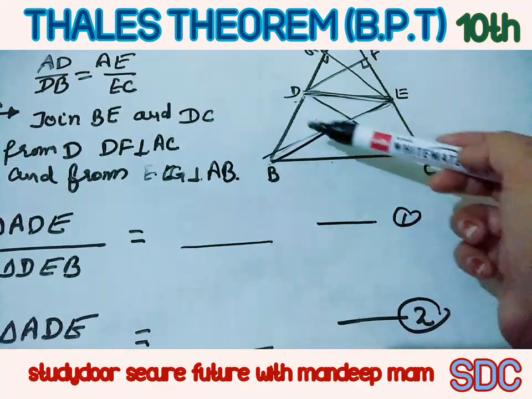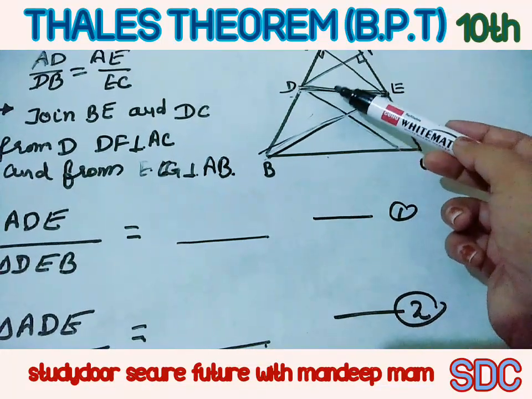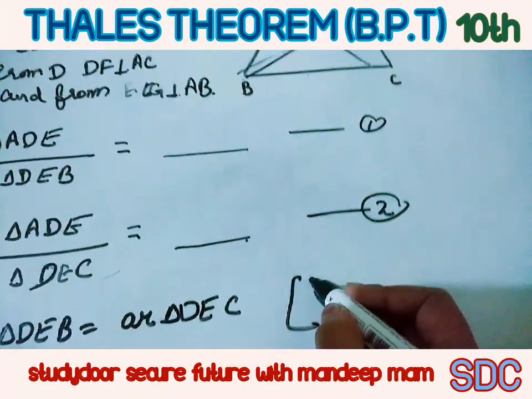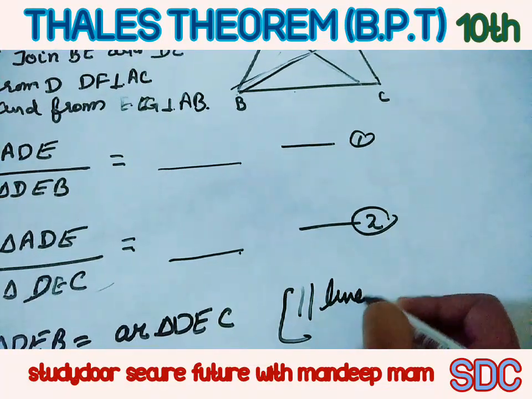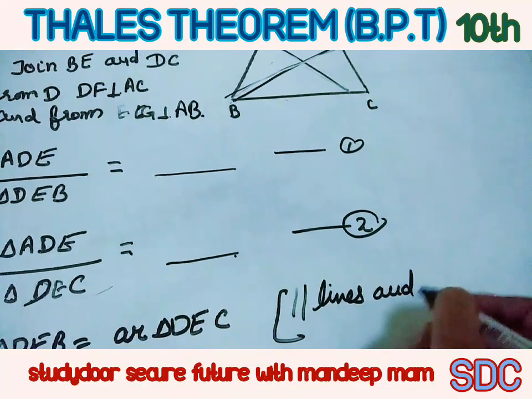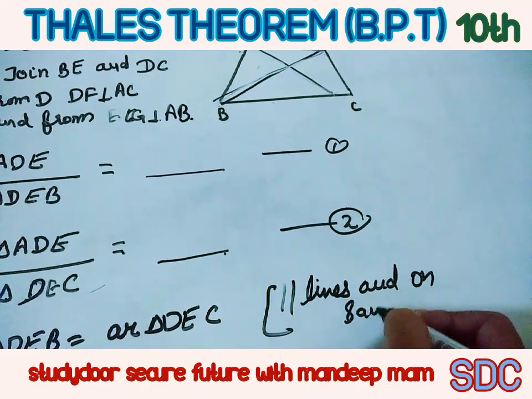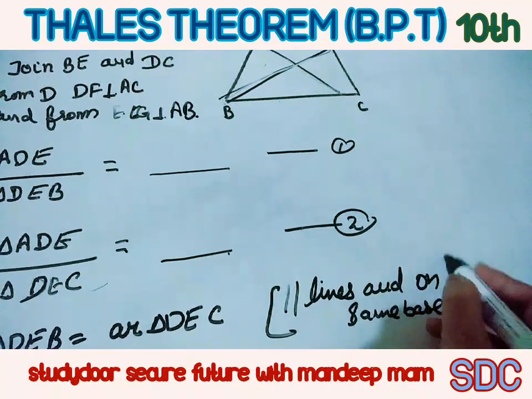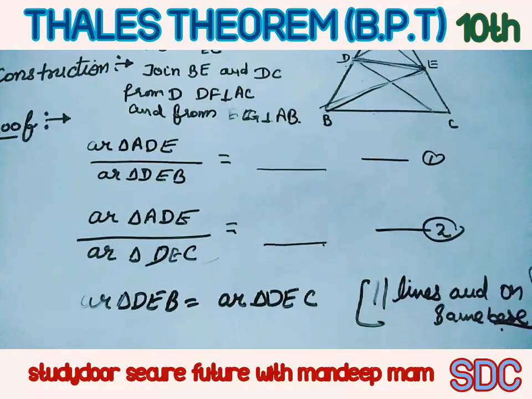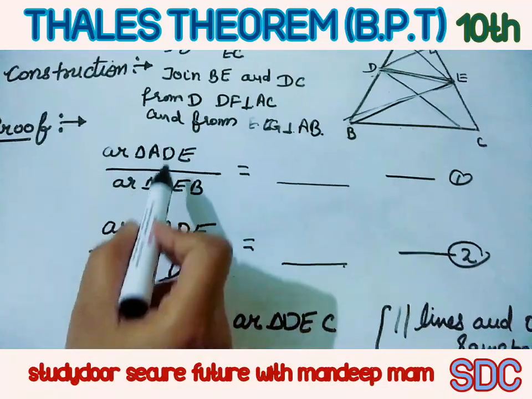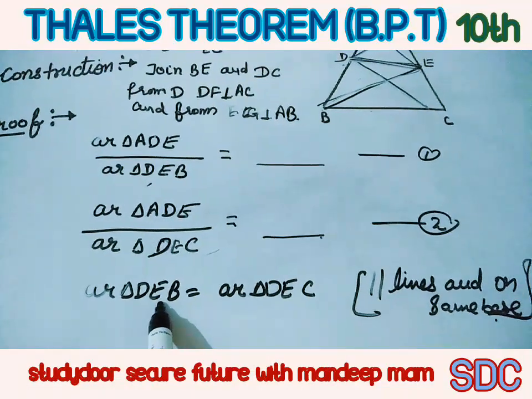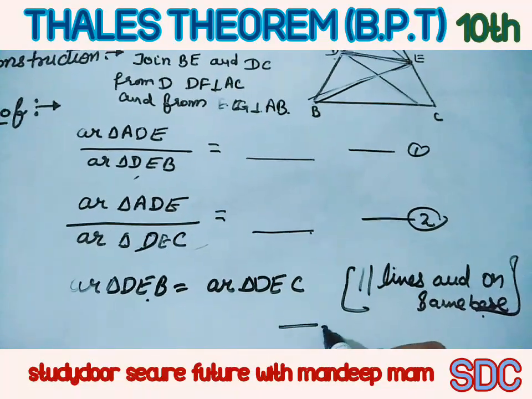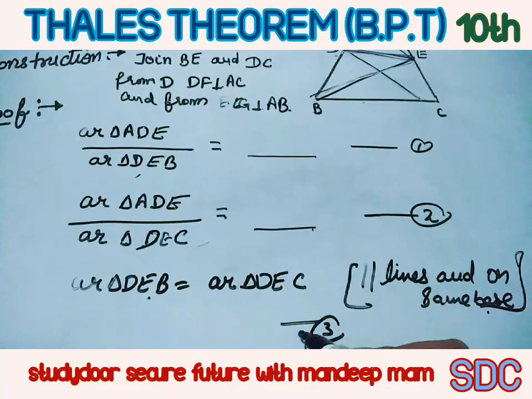Because these two triangles are between the same parallel lines and on the same base. Okay, now we have three steps. First is this step, second step is this one, and third step is this one. Fourth step we will prove from these three steps.